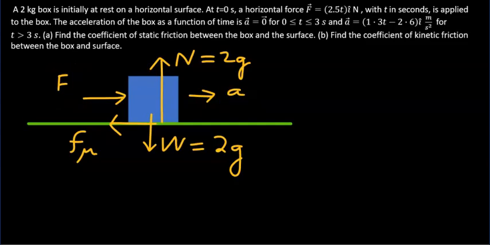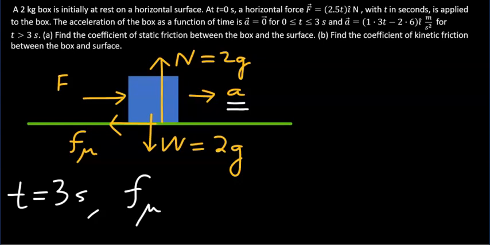We know that the acceleration is 0 up to t equals 3 seconds. And as soon as t becomes greater than 3 seconds, this object will start to accelerate according to that expression. So what that means is at t equals 3 seconds, the frictional force, in this case the static friction, is maximum.